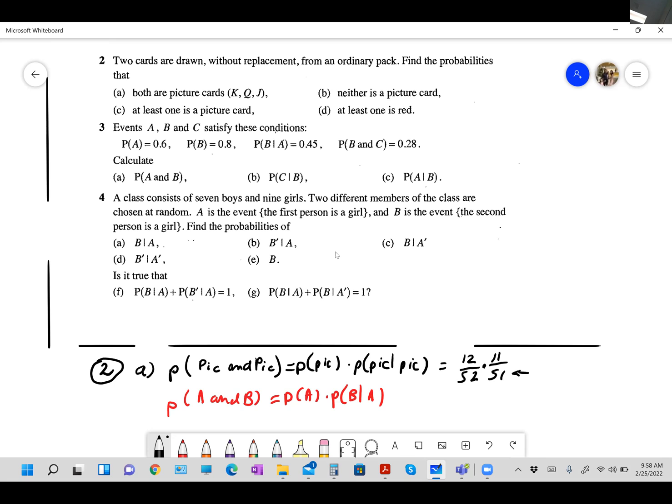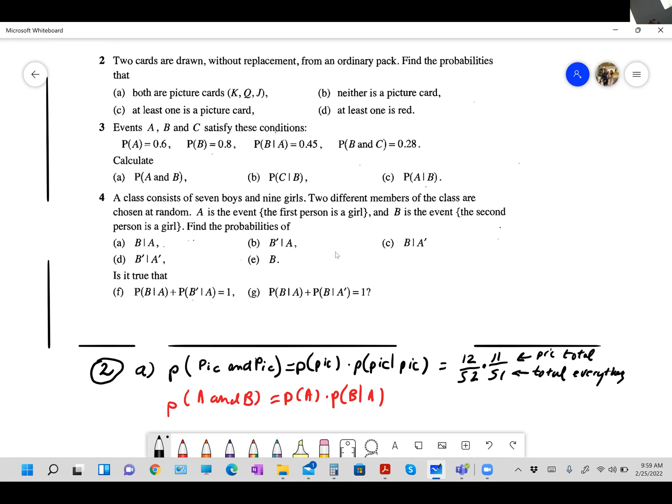The bottom represents the total number of ways I could have selected 2 cards, and the top represents the total ways I could have picked picture cards. We're just doing fancy ways of counting. That's why we have the rules. Next chapter's on counting, so don't worry, you're going to count.